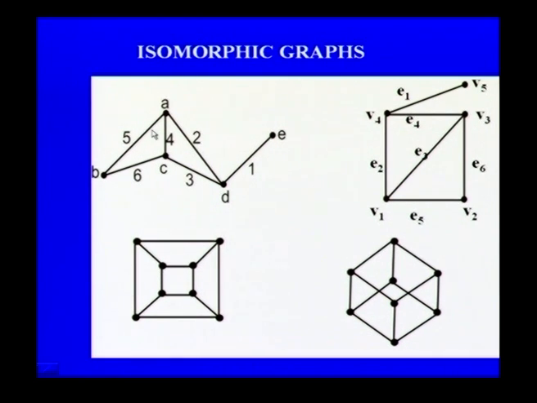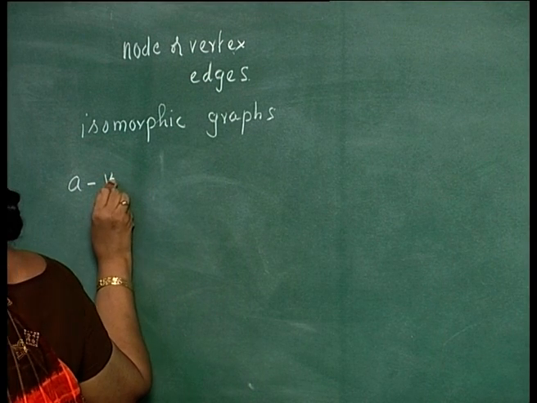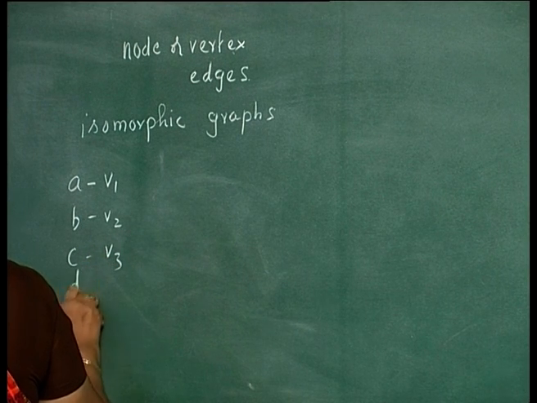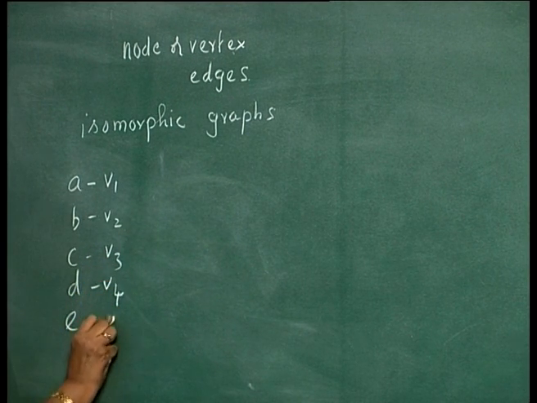You can identify vertex E with vertex V5 and vertex V4 with D and V3 with C, V1 with A and V2 with B. So, you can write like this: A corresponds to V1, B corresponds to V2, C corresponds to V3, D corresponds to V4 and E corresponds to V5.